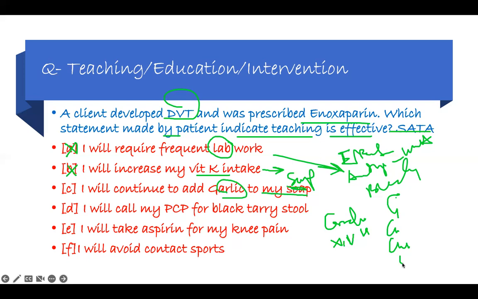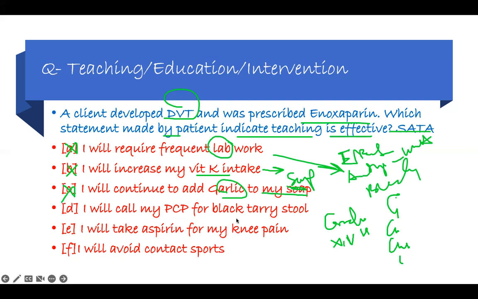But there are 4 Gs. Whenever you see anticoagulation and they bring the G there, don't take it. Garlic, ginseng, all those herbal medications, you should avoid them. And they all start with the G. So this is not effective teaching.